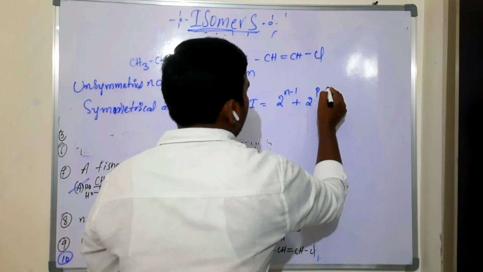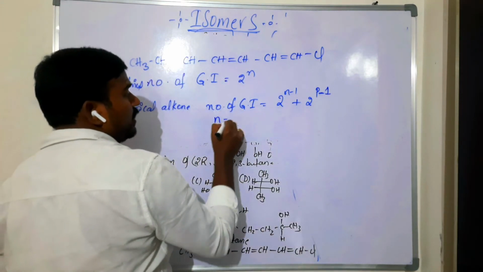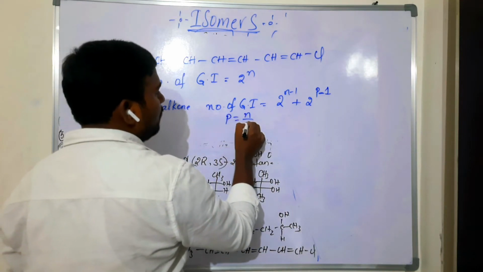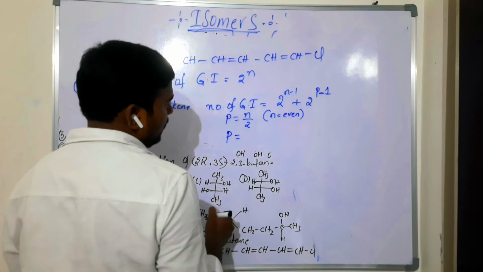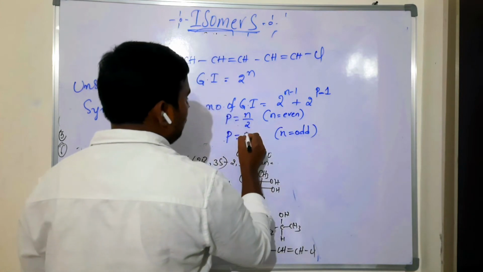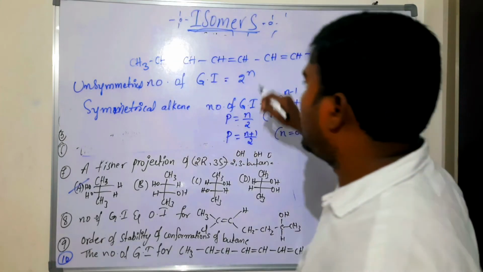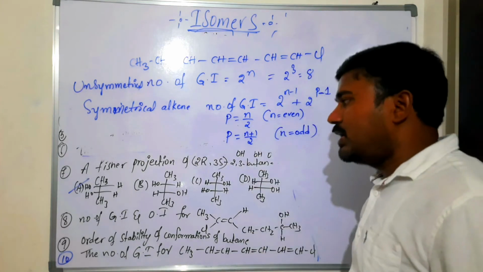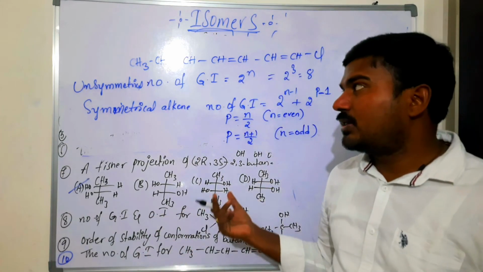Here n is the number of double bonds. p is taken as n by 2 when n is even, and when the number of double bonds is odd, the p value will be n plus 1 by 2. Now here it is an unsymmetrical molecule. How many double bonds are there? 3. So 2 power 3, that is 8. Is that clear? These are the different types of questions asked in examinations.